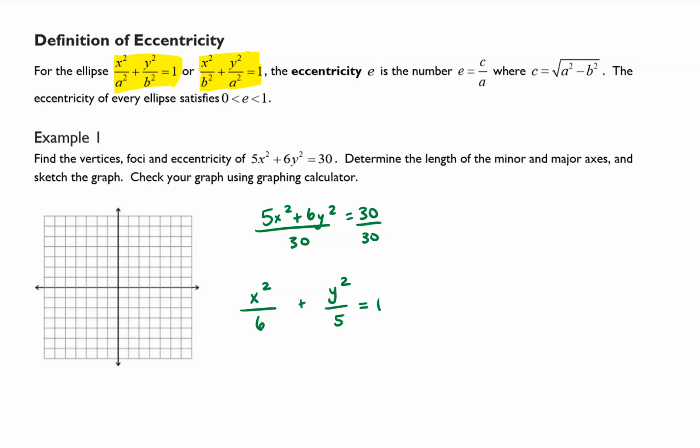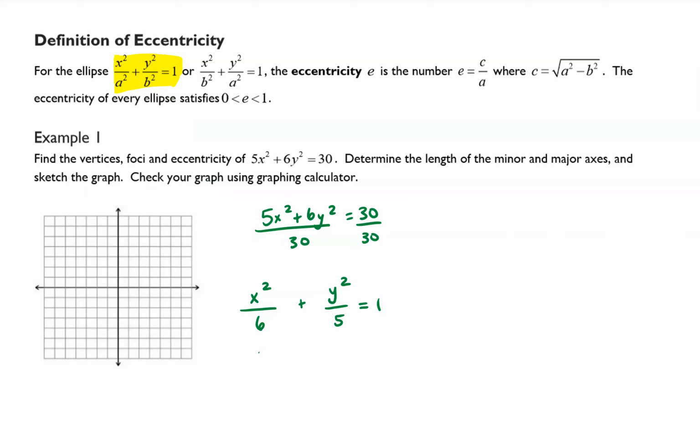All right, so now we have it in the form that we want. And remember, a is always larger than b. So the scenario we're going to have is this first equation here, which tells us since our a value is underneath the x squared, that it's going to be longer horizontally.